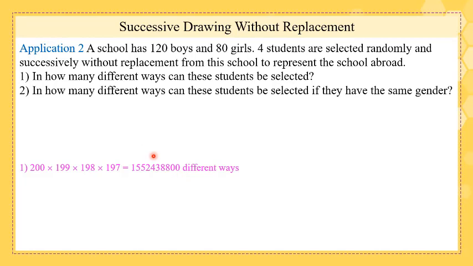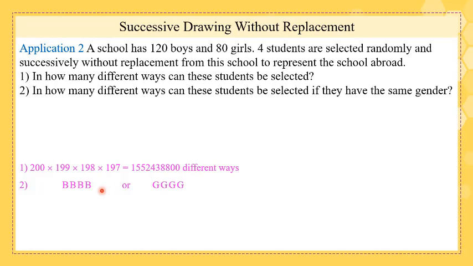arrangement. Now, in how many different ways can these students be selected if they have the same gender? Try also to do it alone. Well, in this case, we're going to have boy, boy, boy, boy, or girl, girl, girl, girl.